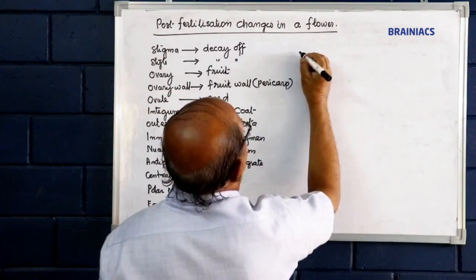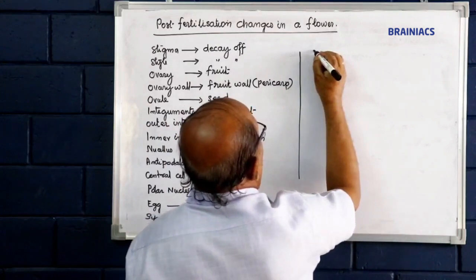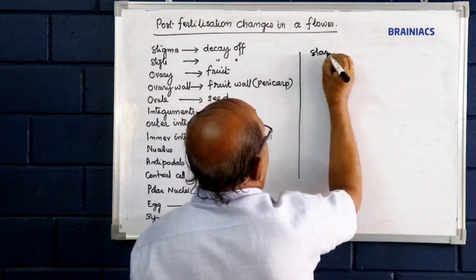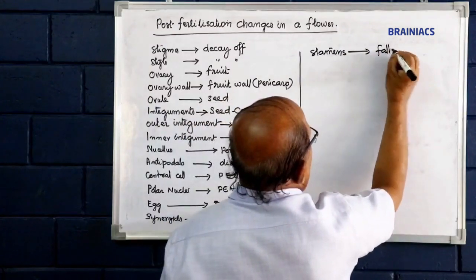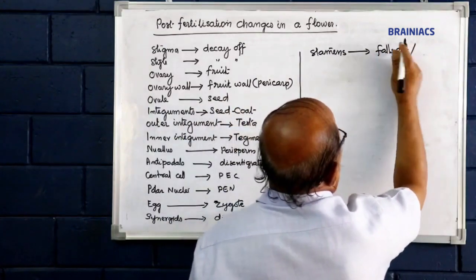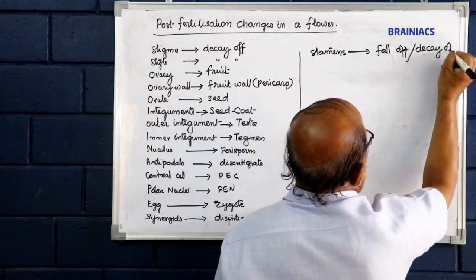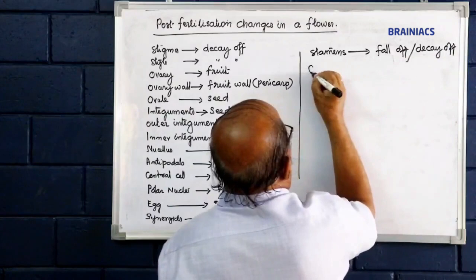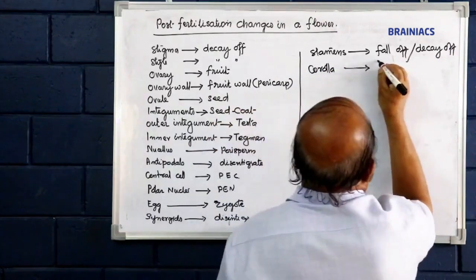Then stamens fold off or decay off. Corolla folds off.